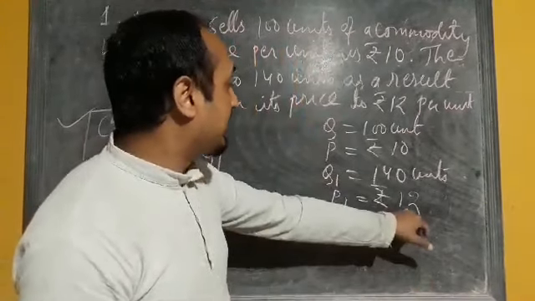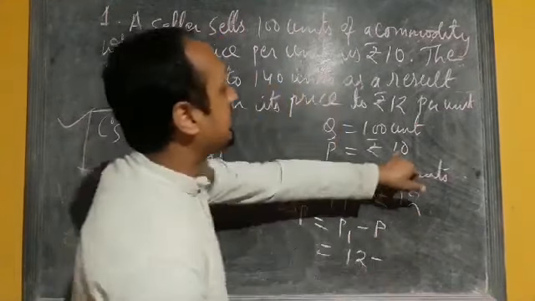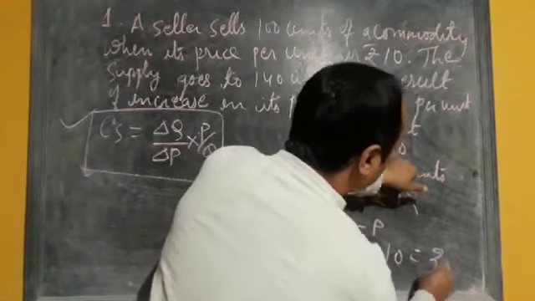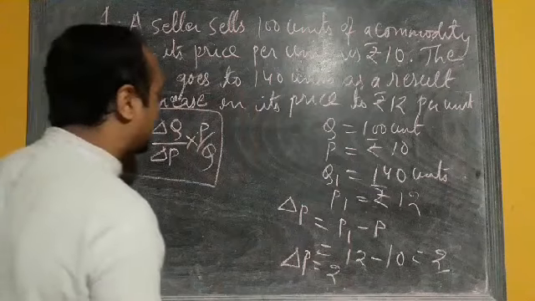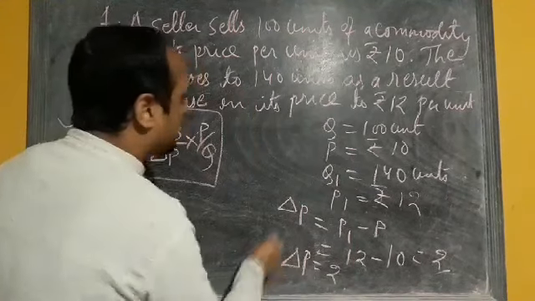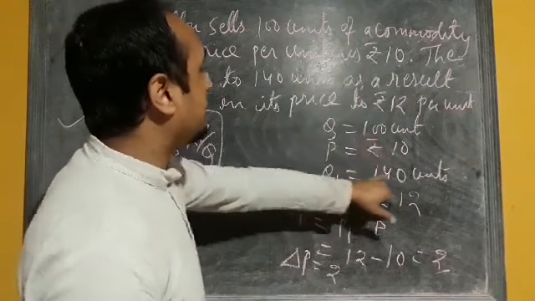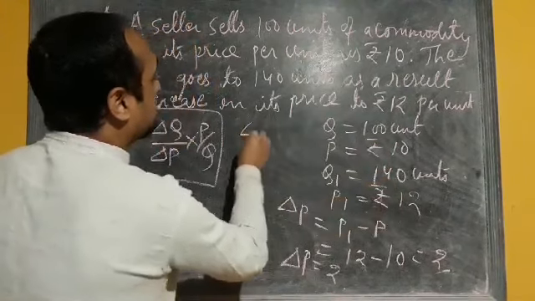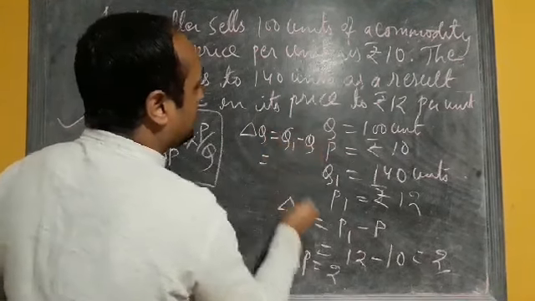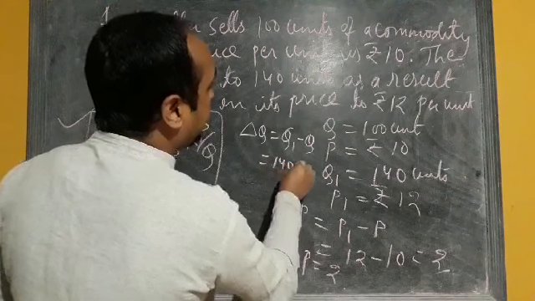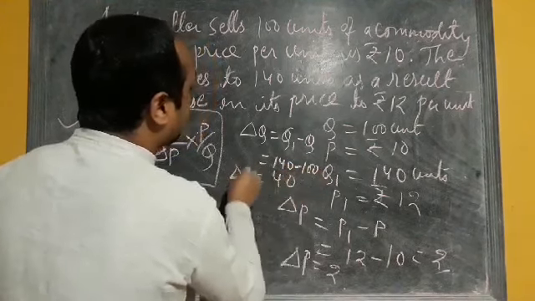So 12 minus 10 gives 2. Change in price is 2. Similarly del Q is Q1 minus Q, which is 140 minus 100, so we get 40.